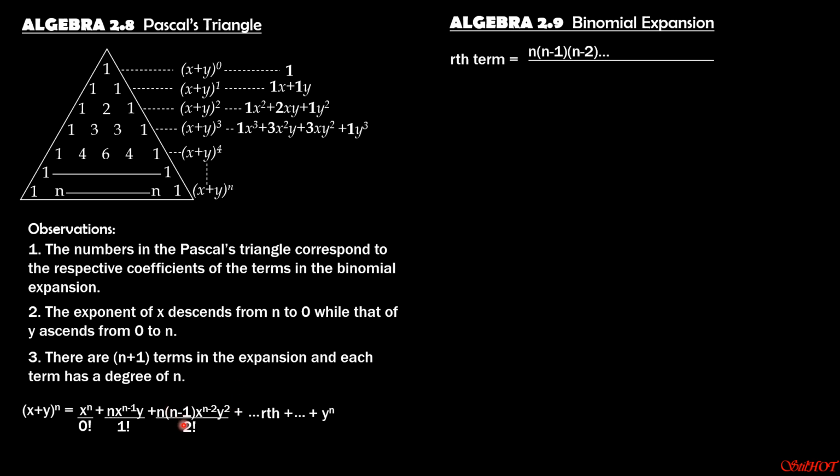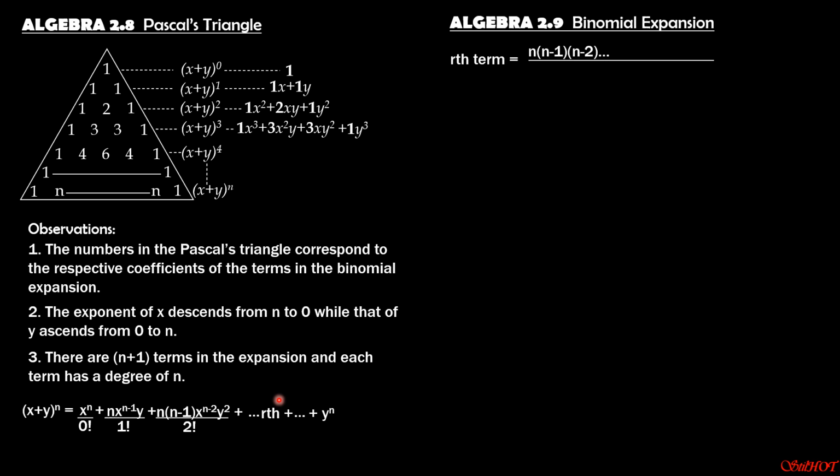So for the third term, the factor stops at n minus 1 in particular. But if it is the r term, it should end, because it is the third term, 3 minus 2, right?